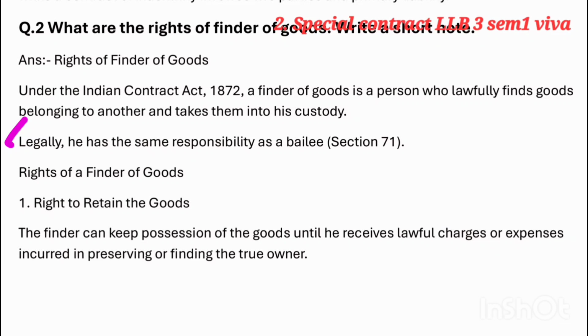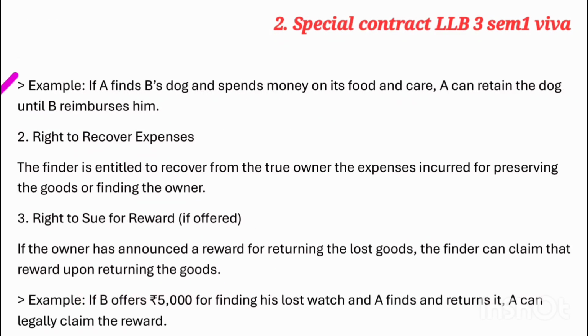Rights of the finder of the goods. Right to retain the goods. The finder can keep possession of the goods until he receives lawful charges or expenses incurred in preserving the goods or finding the true owner.